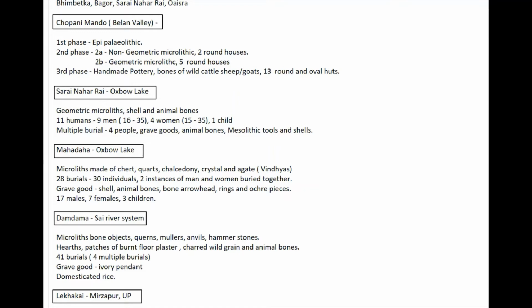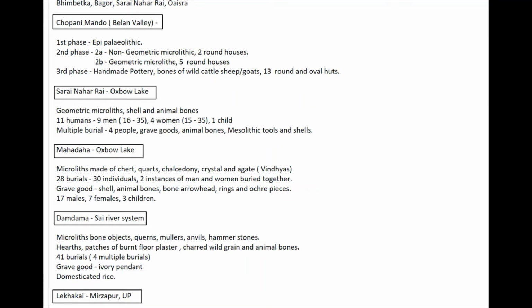Then Damdama. It is situated at the confluence of small streams belonging to the Sai river system. Within the 1.5 meter thick occupational deposit, excavators discovered microliths, bone objects, querns, mullers, anvils, and hammerstones. There were hearths, patches of burnt floor plaster, charred wild grain, and animal bones.